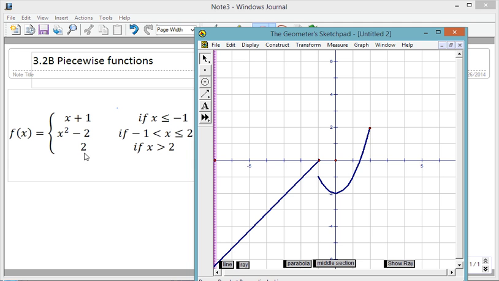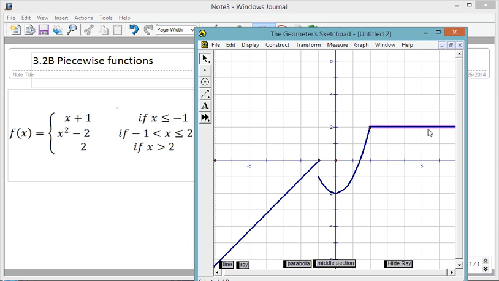Now the third piece, this f of x equals 2, that's just a horizontal line. And it starts when x is greater than 2. So that's just a horizontal line at 2. And it just so happened that if we plugged 2 into the second equation, and if we plug 2 into the third equation, we actually get the same answer.